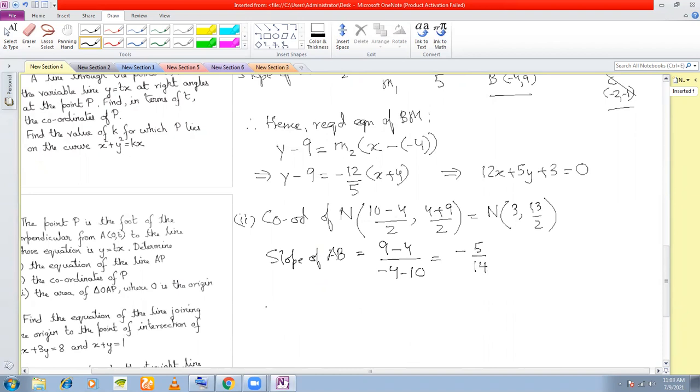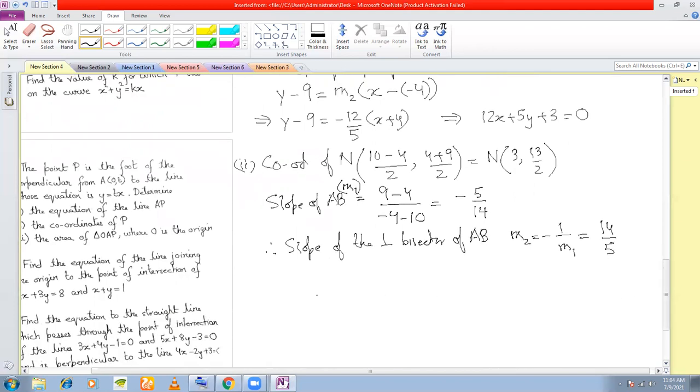So you've got the slope of AB. So therefore, what should be the slope of the perpendicular bisector of AB? Let us call this M1. M2, the negative reciprocal of M1, is equal to 14 by 5.